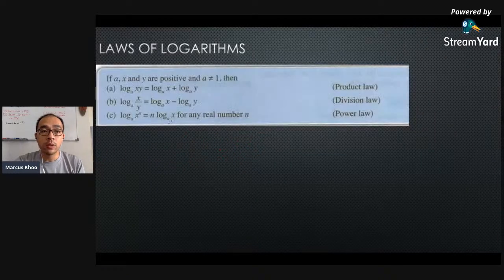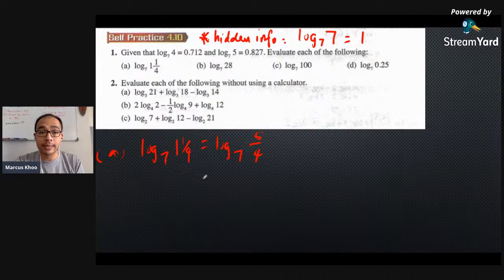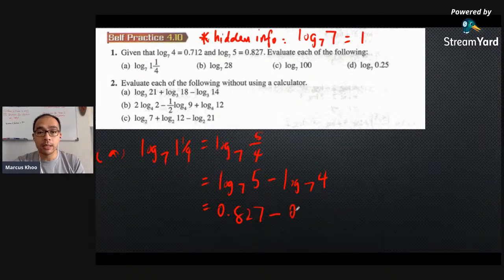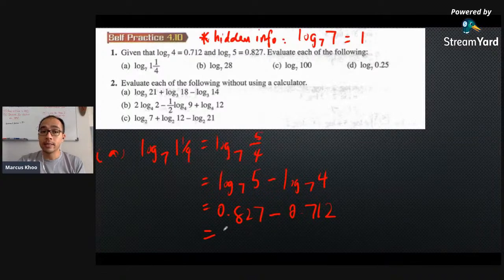Now, according to law number 2, this is 5 over 4, so I can split this up to become minus. So this will be log 7, 5 minus log 7, 4. Then I can substitute, because log 7, 5 is already given: 0.827 minus 0.712.